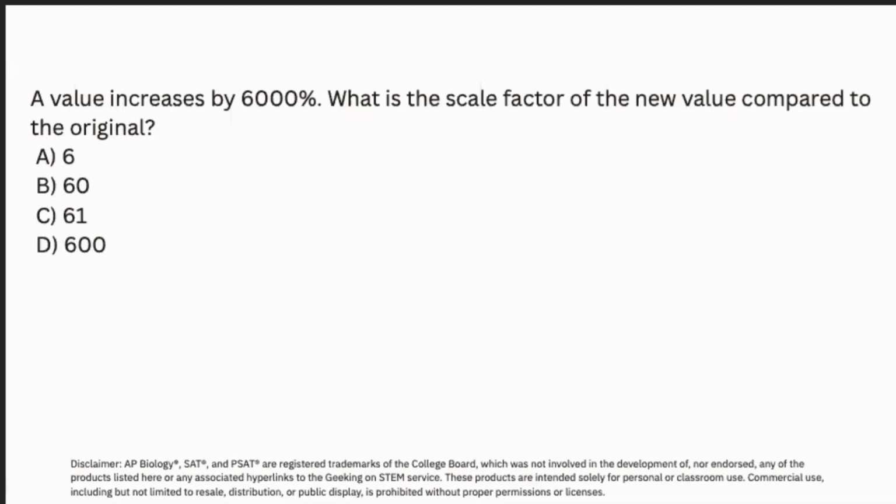Let's try the following problem together. So this says a value increases by 6,000%. What is the scale factor of the new value compared to the original? So you might want to think about it in terms of 6,000% bigger means that you're saying that it's 1 plus whatever the decimal is of this.